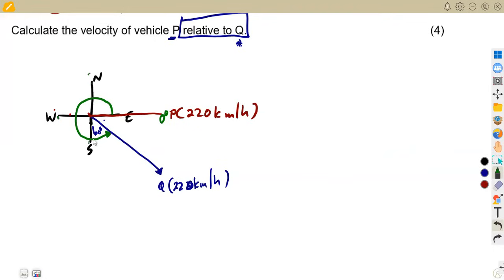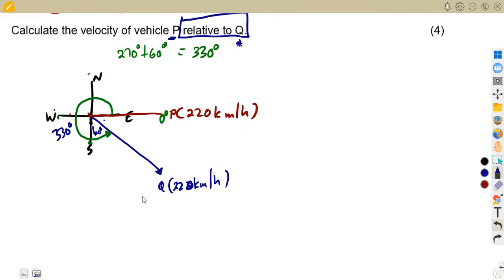So 270 plus 60, we just add this 60 because here we are at 270. If we add 270 plus 60, this is going to be 330 degrees. So the whole of this angle is going to be 330 degrees. This is the angle that we are going to use for Q.